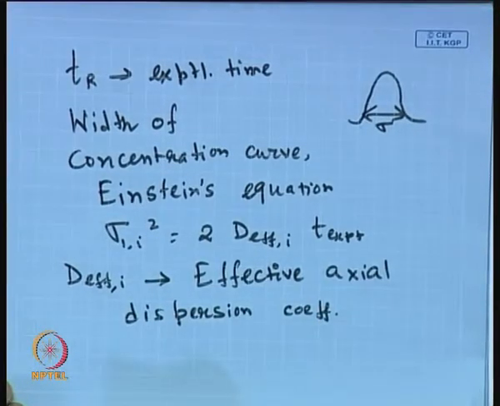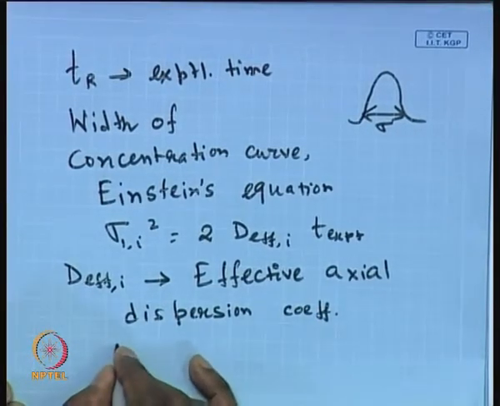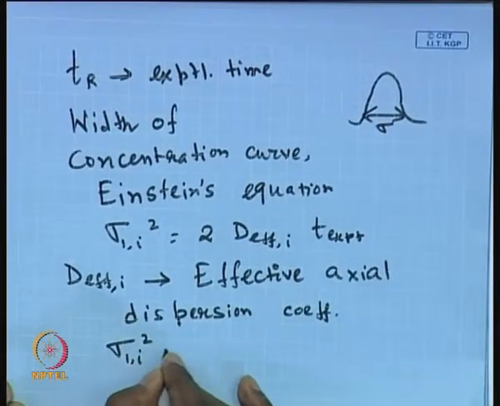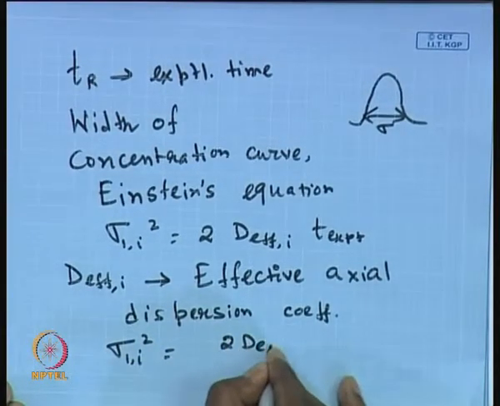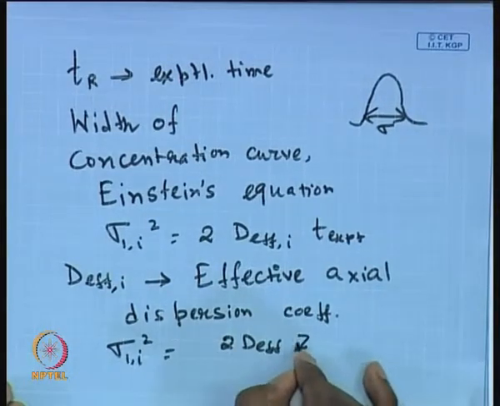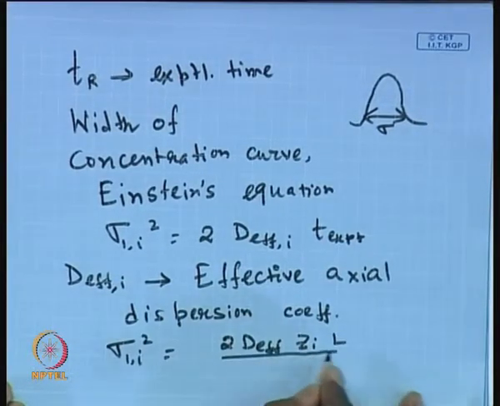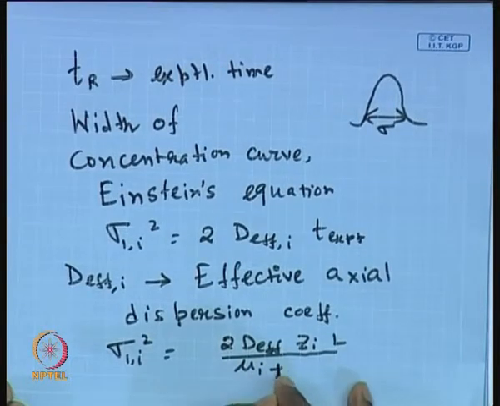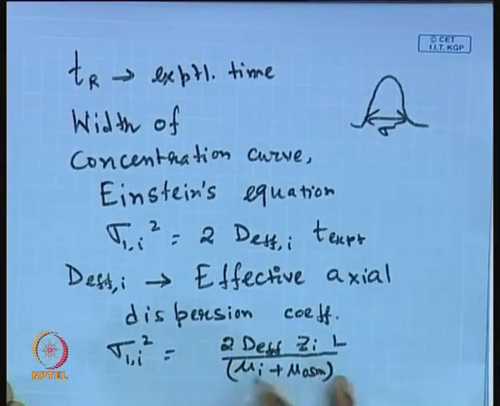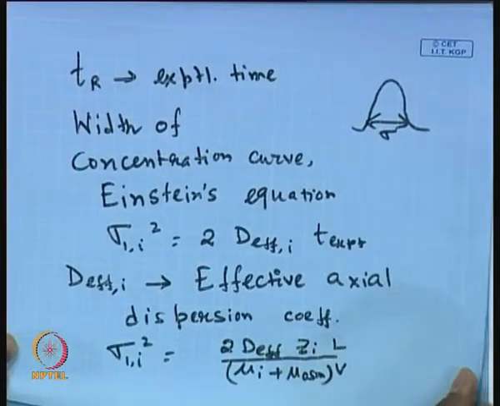So, one can have sigma I square as 2 D effective I times Z I times L divided by mu I plus mu osmotic multiplied by V, where V is the voltage. Okay. So, that is basically the width of the concentration curve. If there are 2 species present, one can have the degree of resolution, how well they are separated.